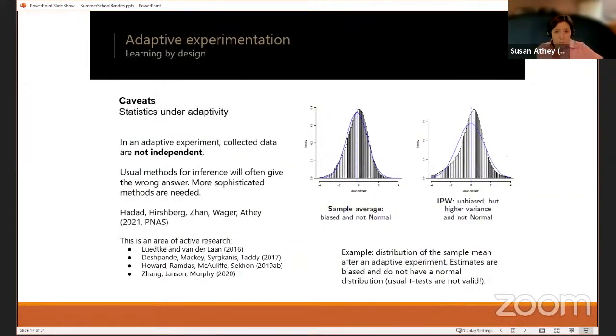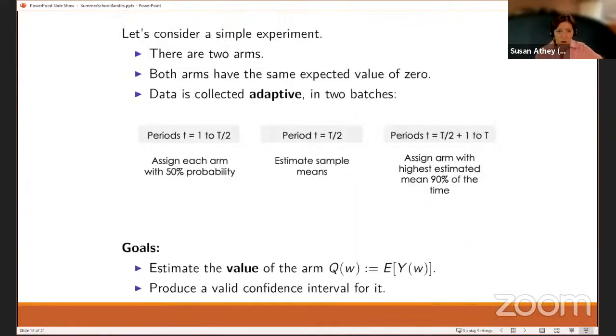One of the big problems I mentioned is that in an adaptive experiment, the data you collected are not independent. It turns out that usual methods for inference will give wrong answers, and you need more sophisticated methods. One of the papers we have came out in PNAS this year and shows how to do this. But for this tutorial, I want to focus mostly on building intuition for what goes wrong, because that can help you understand the whole problem.